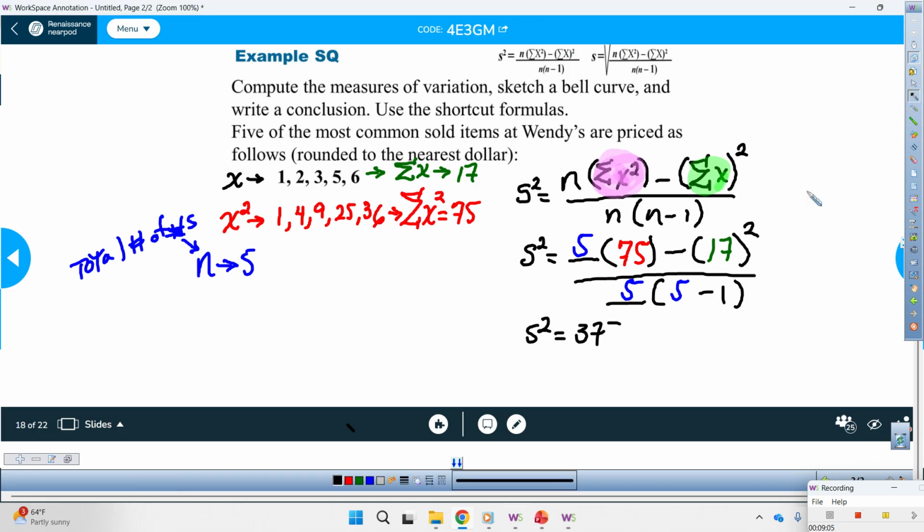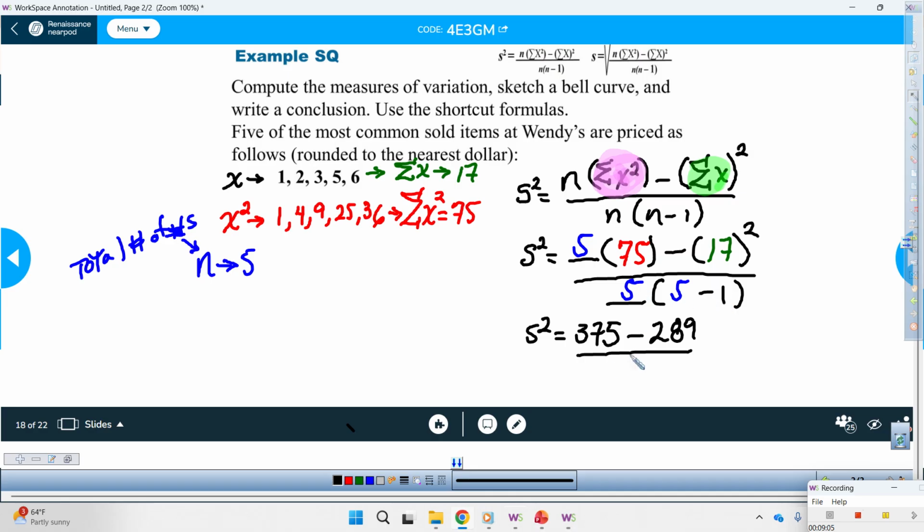Or as we said back in the 90s, basketball, I'm in the zone right now. 375 minus 17 times 17, that should be 289. 17 times 17 is 289 over 5 times 5 minus 1, which is 4.